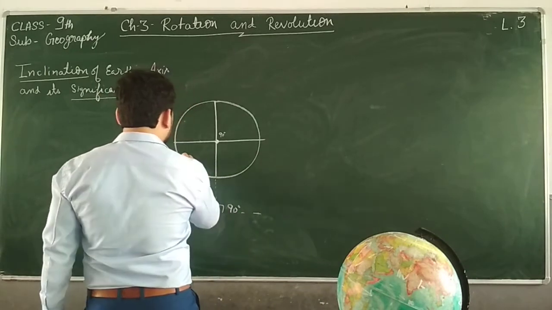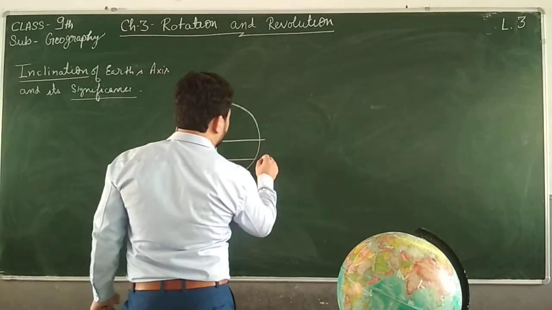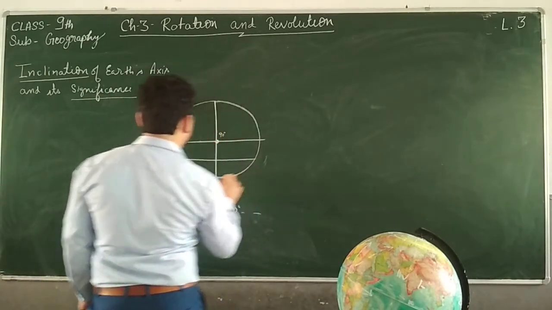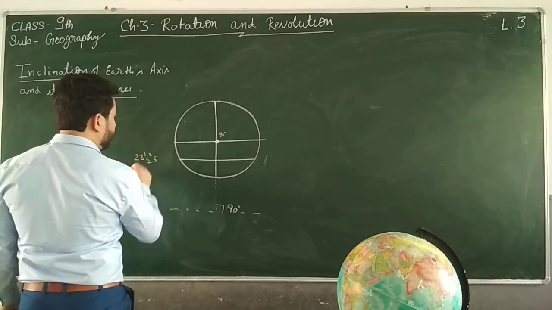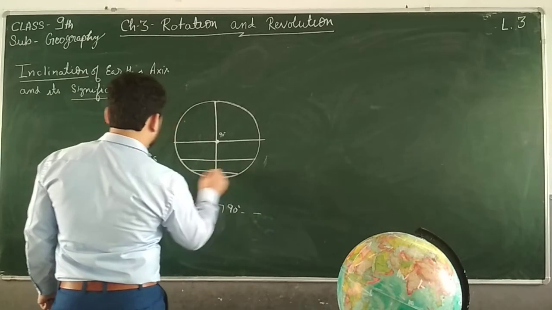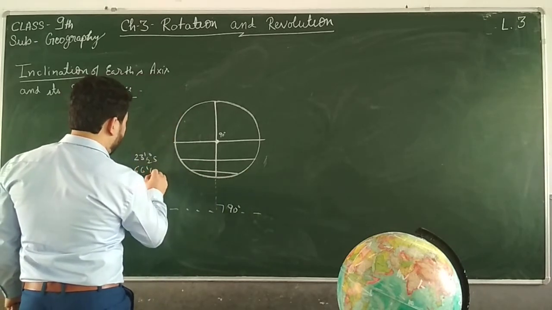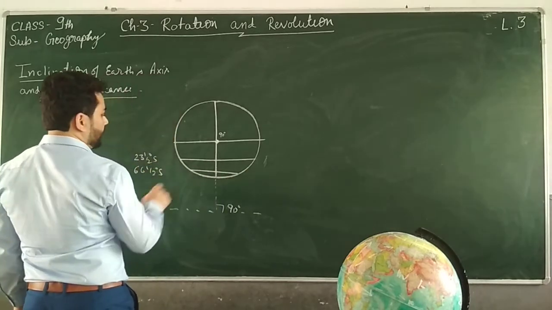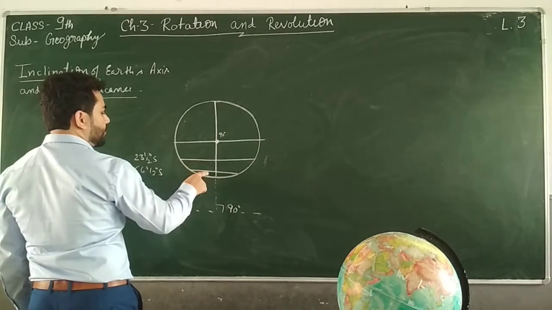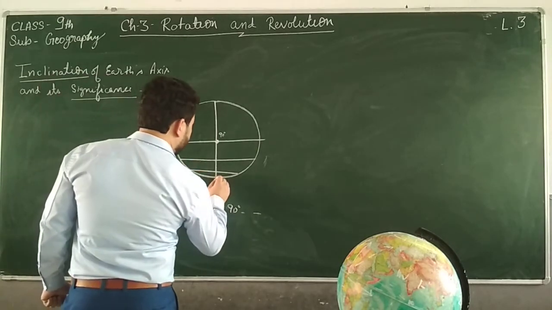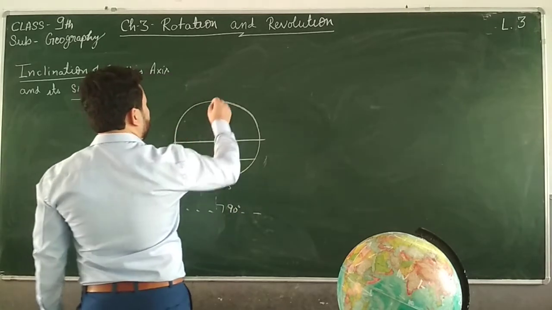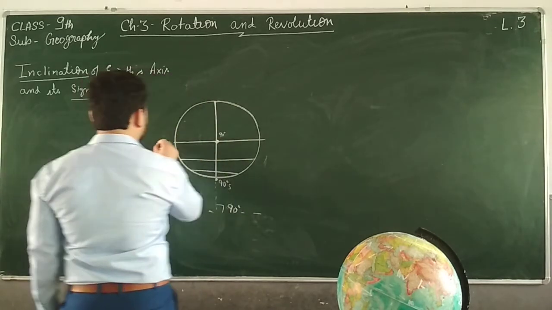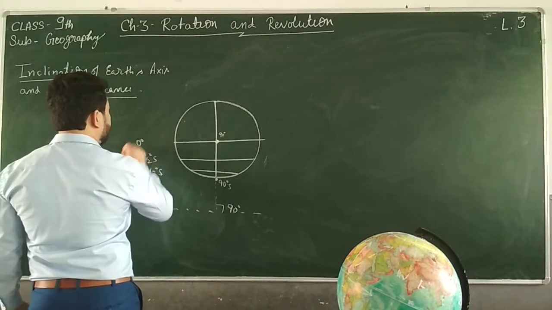Now this line is 23.5 degrees, I should write here 23 and a half degrees south, and this is 66 and a half degrees south. This is the Tropic of Capricorn, this is the Antarctic Circle, this is the 90-degree South Pole, and this is the 0-degree equator.